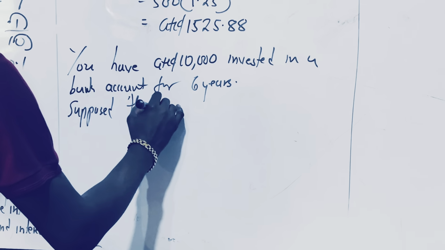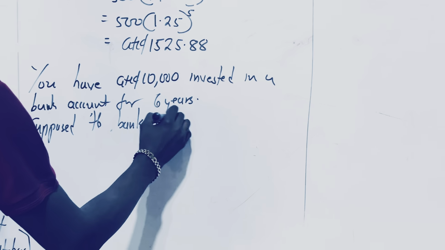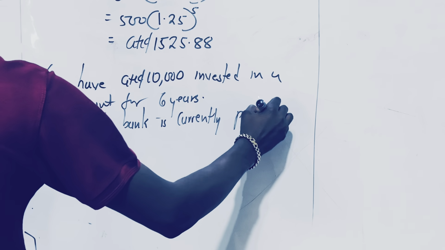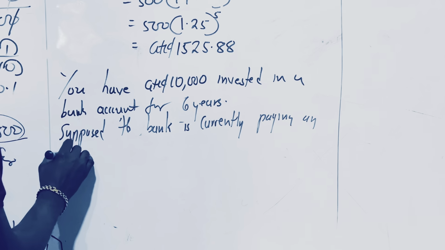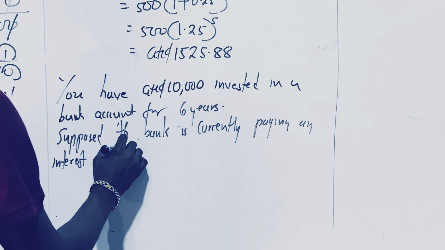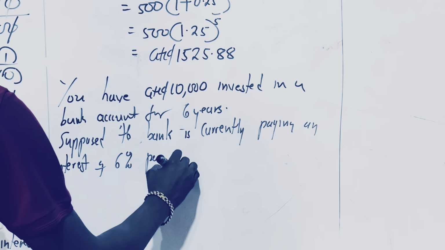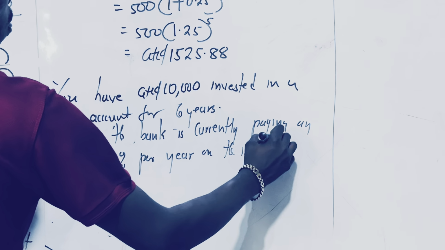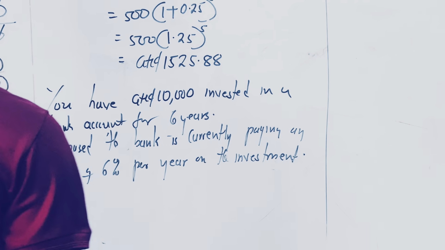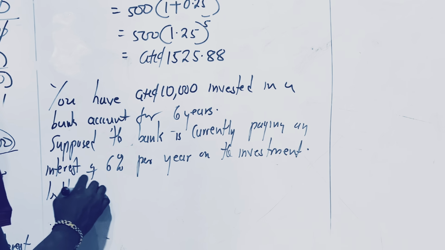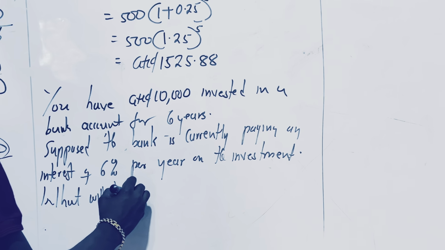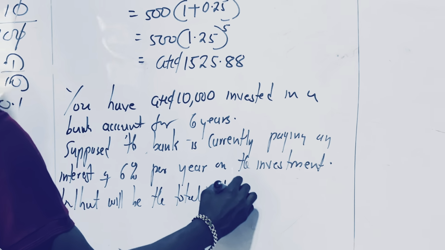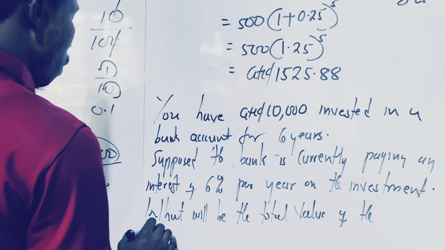Suppose the bank is currently paying an interest of 6% per year on the investment.